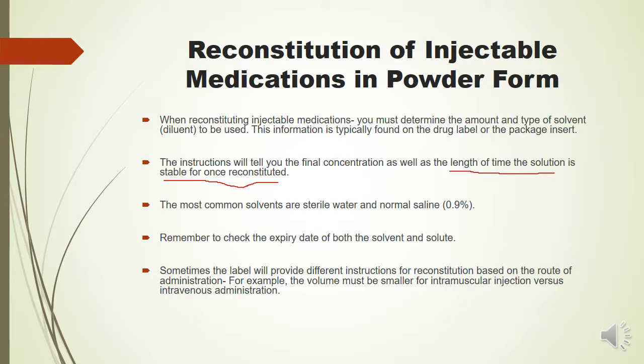So, for example, if they're talking about an IM injection, okay, smaller volumes are typically utilized for intramuscular injection because a muscle is quite thick, the tissue perfusion is not great, so they can't take a lot of fluid.